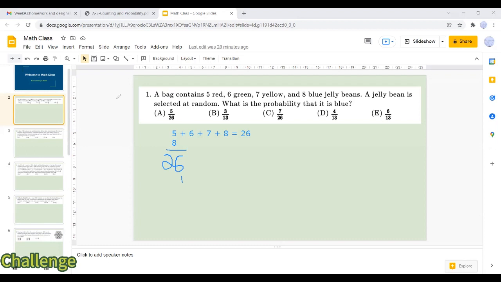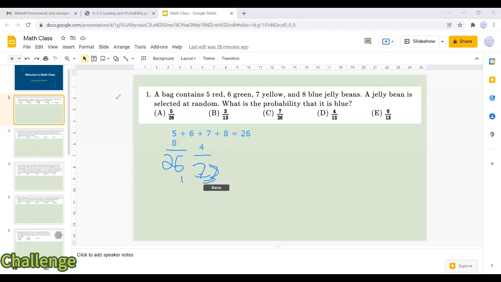Then get the preferred outcome and put it over the total as the numerator. Then you already have the answer, and you can then simplify, which would be 4/13. So pretty simple question.